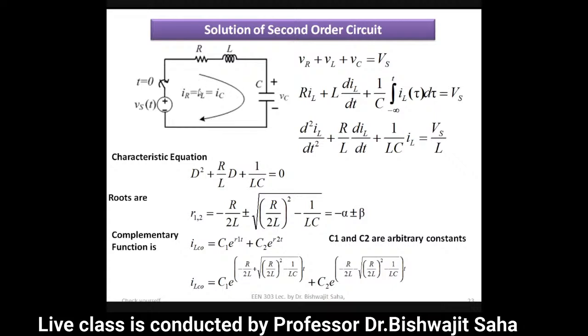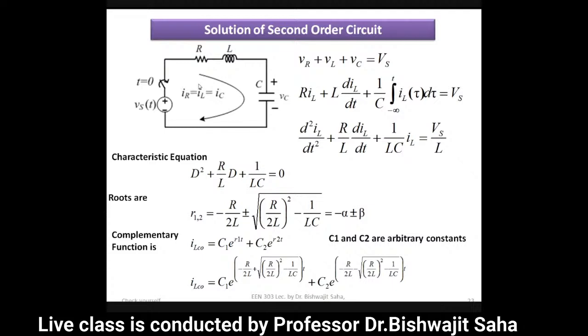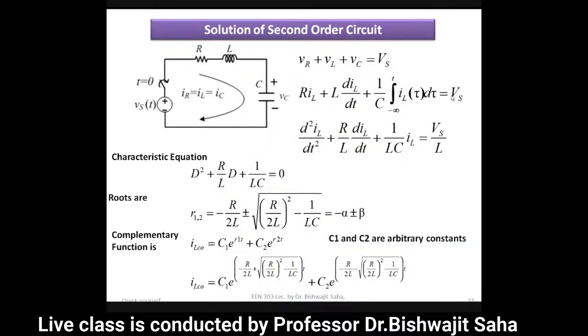Understand? So firstly, we have to apply KVL. By seeing the KVL, you see this equation: R IL plus L dIL by dt plus 1 over C integration of IL tau d tau equals Vs. Understand? Vs.